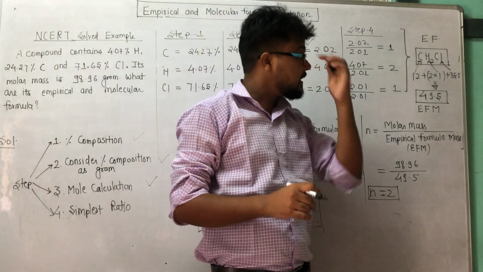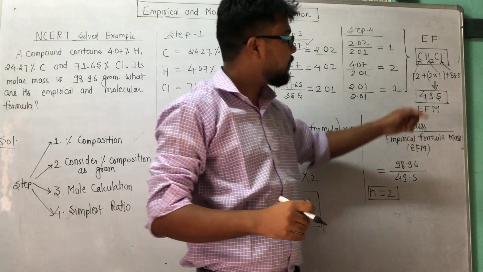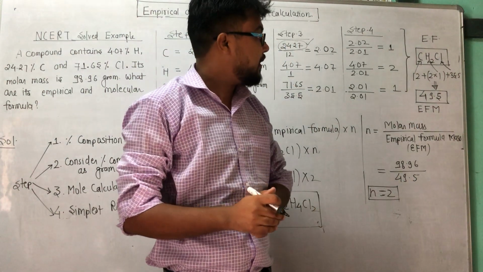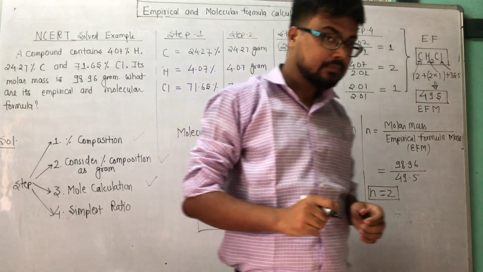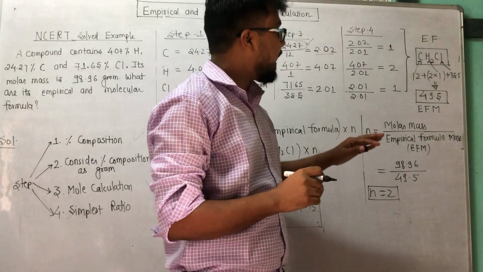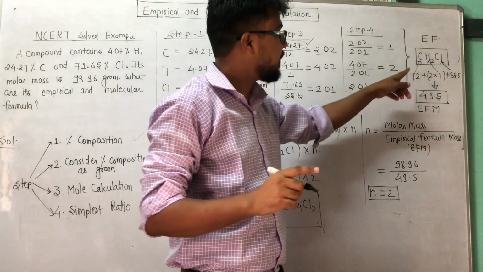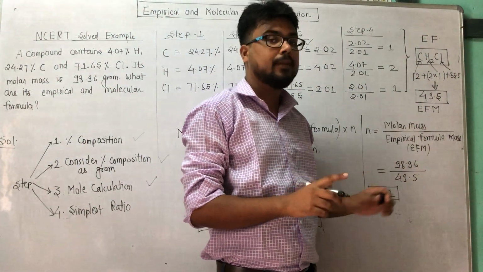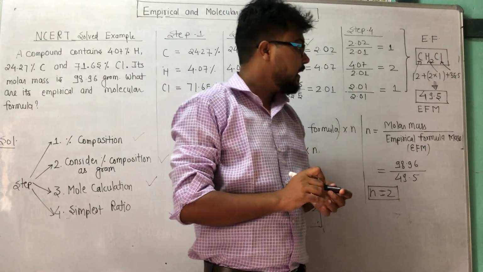After adding these values I will get 49.5. What is 49.5? It is the EFM, the empirical formula mass. So till here I calculated number 1, the empirical formula, that is CH2Cl for that compound, and number 2, the EFM, that is the empirical formula mass of that compound.